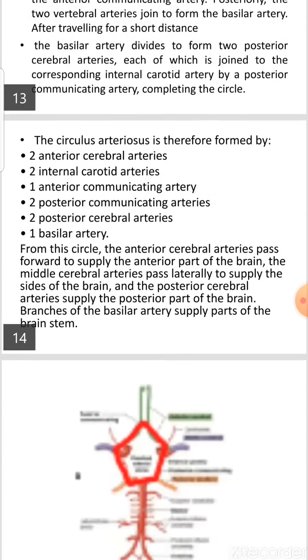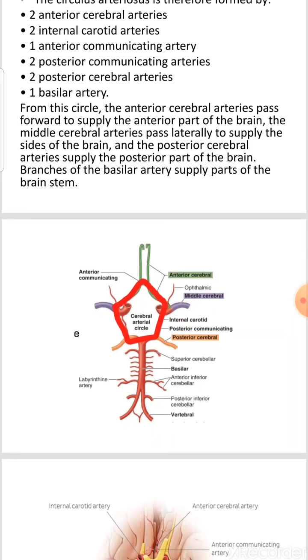So we are basically dividing the brain into the anterior and posterior parts, and we are saying that the anterior part has its own source, which is the anterior source, supplied by the internal carotid arteries and its branches, and the posterior part of the brain has its own source, which is the posterior source, supplied by the vertebral arteries and the basilar artery, and we are calling this system the vertebro-basilar system.